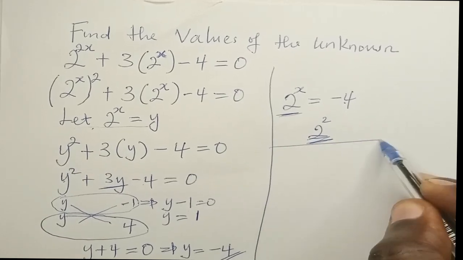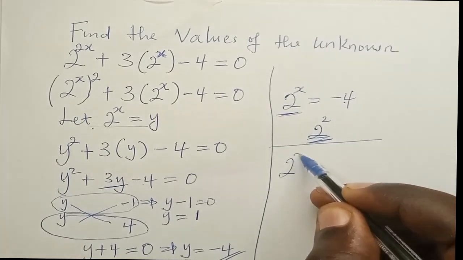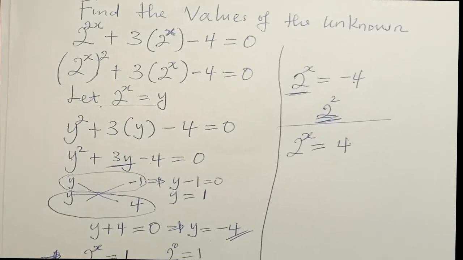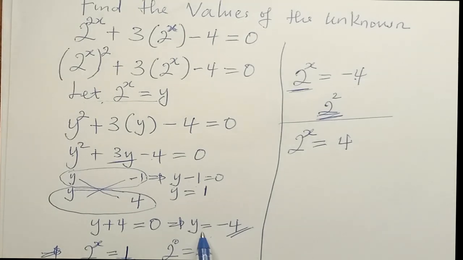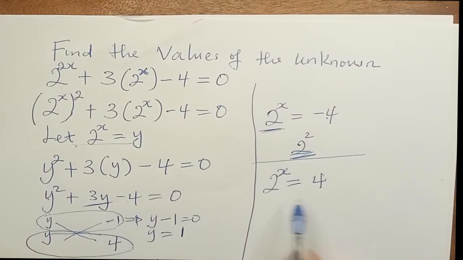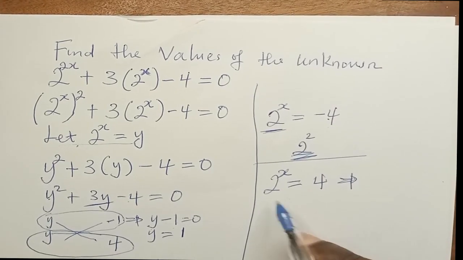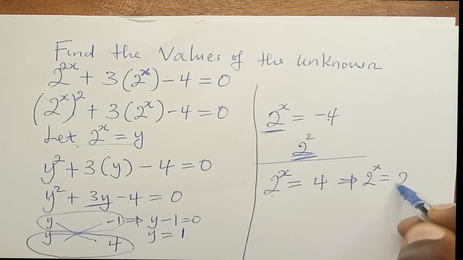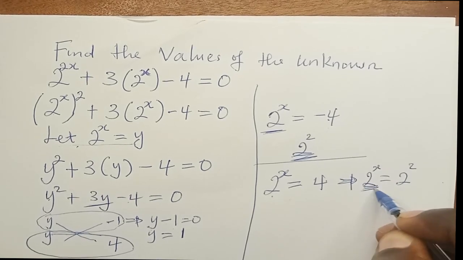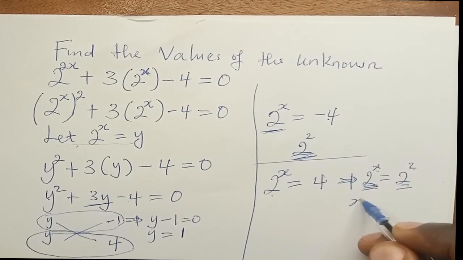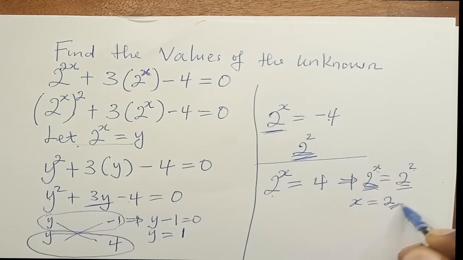But if at all, we could have had something like this: 2 to the power x is equal to 4. Let's assume that our y here was instead 4, and we actually have this, then the value of x here will be 2, because if we express it to have the same base as this, then 2 raised to the power x will be equal to 2 raised to the power 2, and if they have the same base, then the power also must be the same, so x will be equal to 2, as you can see here.